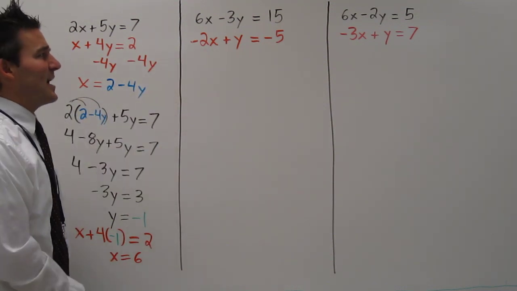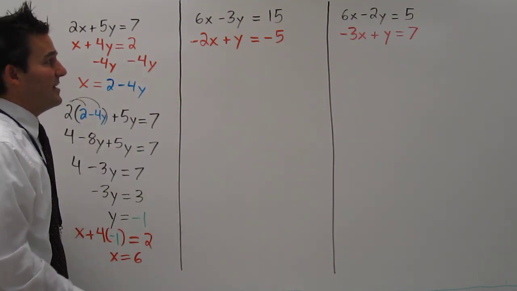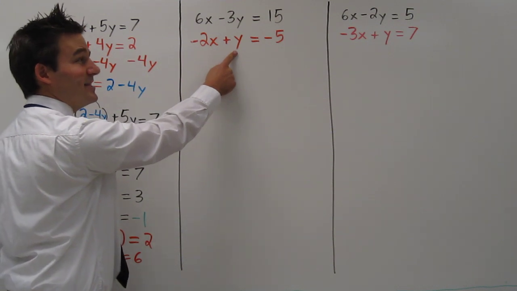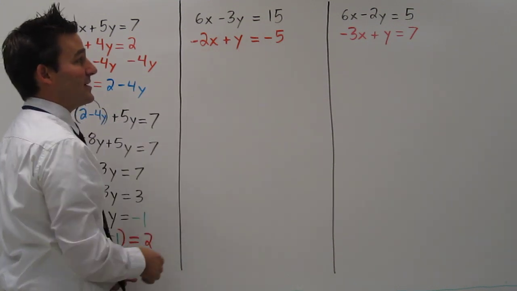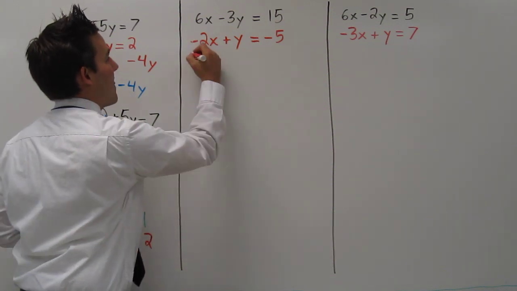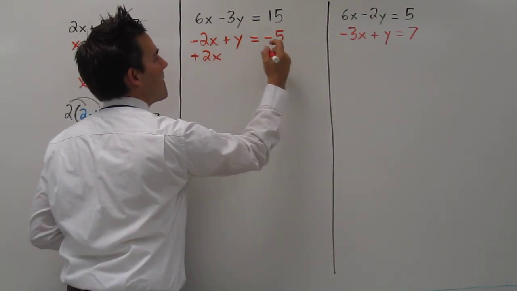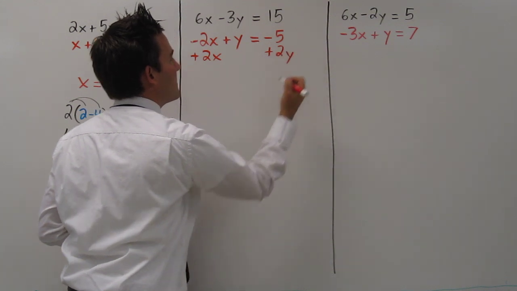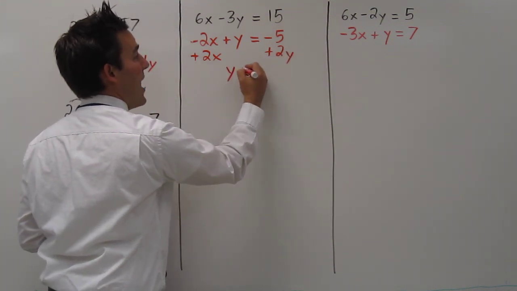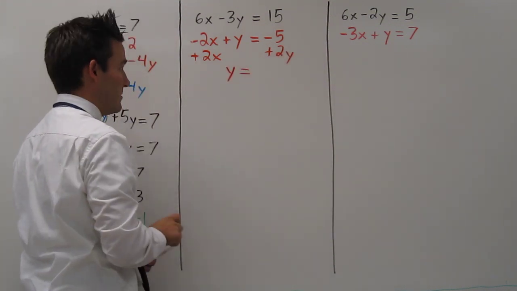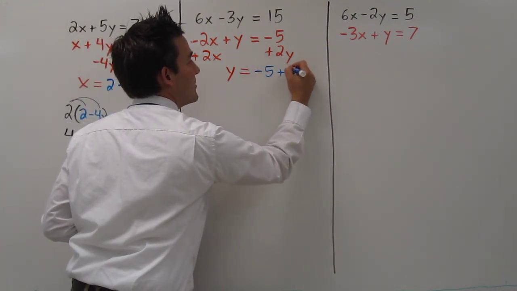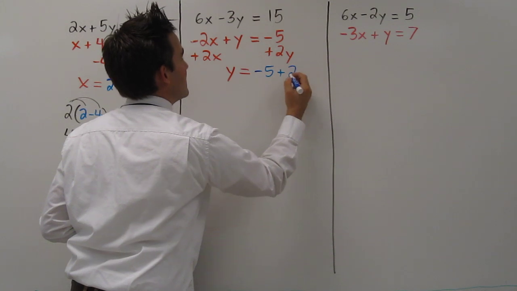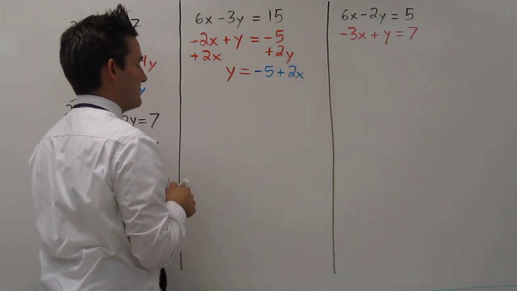Now let's look at this second example. In this case, I see it will be pretty easy to solve for y in the red equation by adding 2x to both sides. I can see now that y equals negative 5 plus 2x.